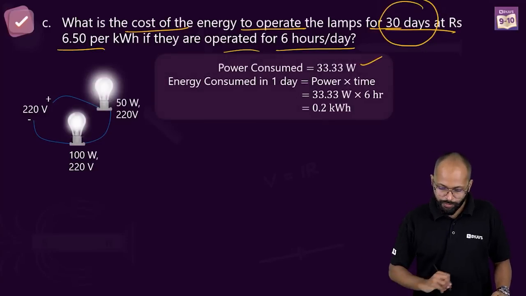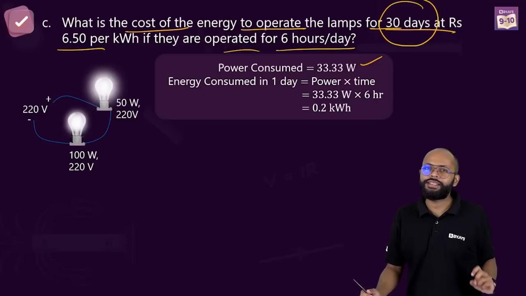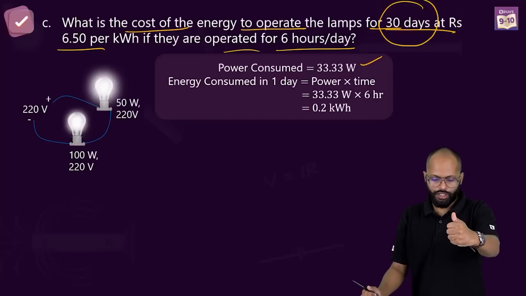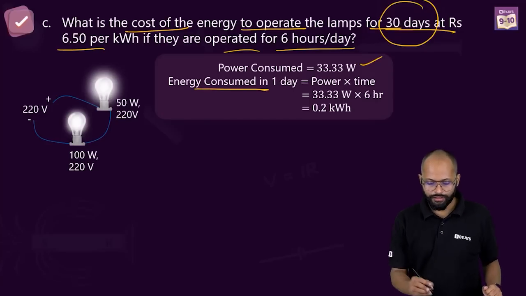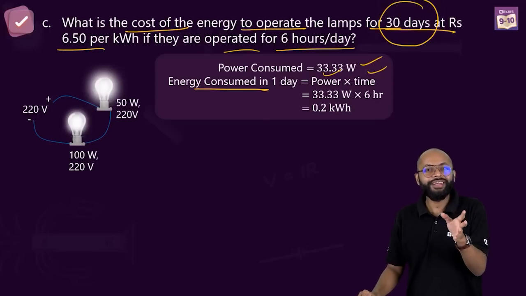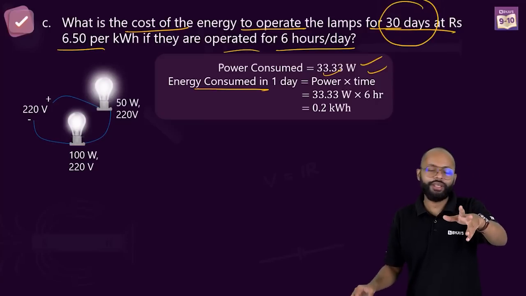Power consumed would be 33.33 watts. You just found it, right? The total power consumed. This is per second, energy consumed per second. Energy consumed in one day is the power into the time, fine. And you are trying to find it in kilowatt hour. Just make sure, don't go for joules, otherwise you have to do another conversion.